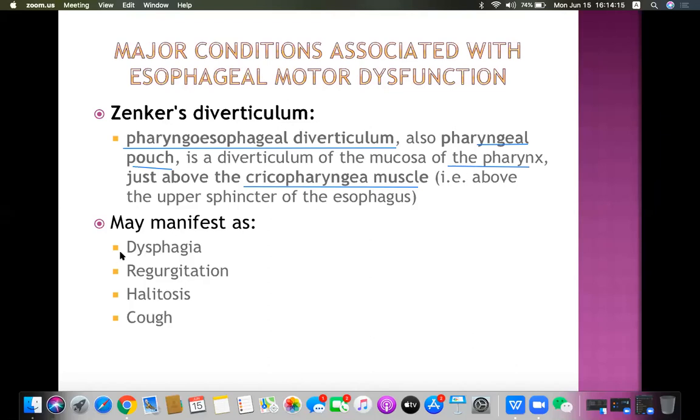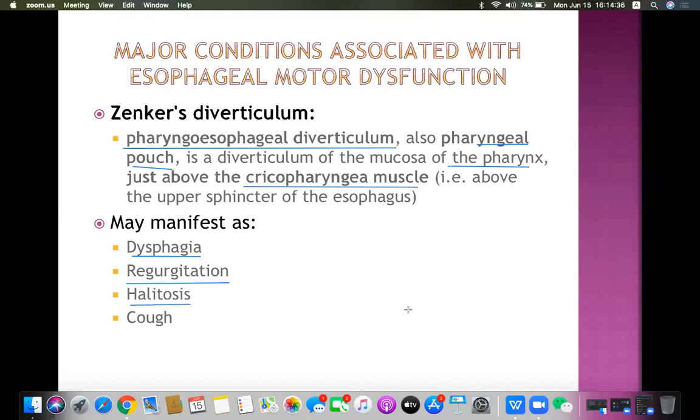Now, this is called dysphagia, difficulty to swallow. After this pouch is filled, it can cause regurgitation, and regurgitation can easily result in aspiration. Halitosis means bad, foul-smelling breath.